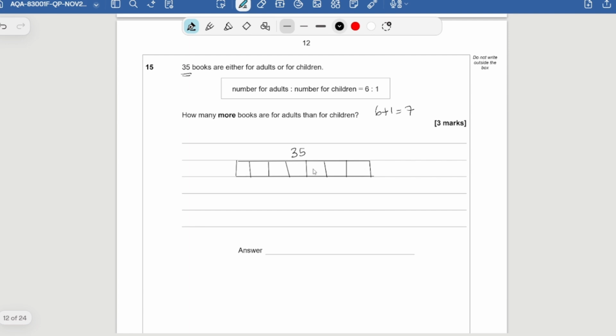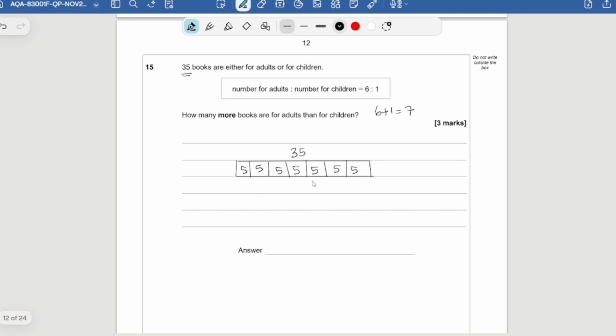So how much value will go in each of them? So 5. If you do 35 divided by 7, each one of them will have 5 parts or 5 units in them, right? Because 5 plus 5 plus 5 plus 5, all of them, 7 of them, 5 times 7, you get 35.